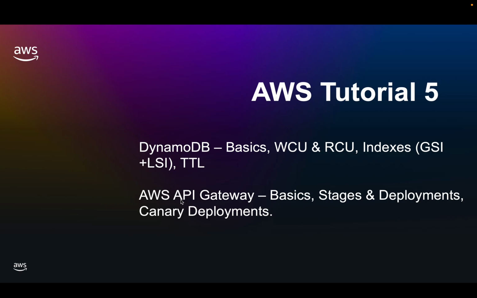Then after getting an understanding of the NoSQL database, which is AWS DynamoDB, we will go through write capacity units and read capacity units, and also learn about global secondary index and local secondary index. Then we will also go through time to live, which is TTL, one of the very important concepts in AWS DynamoDB.